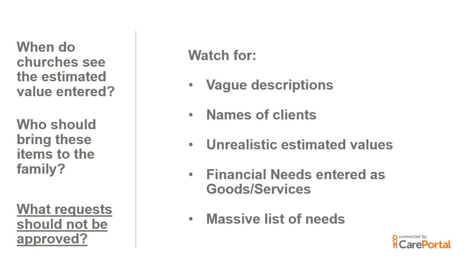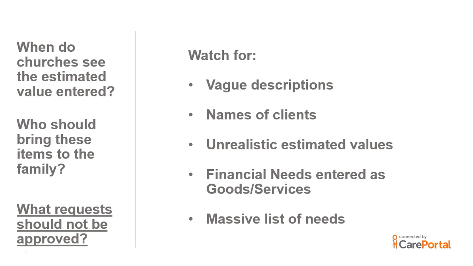Some other times we've seen financial needs, like a bill, entered as if it's a good or a service, which again, if you imagine what happens with that, it means there's no number being told to the church of what is actually needed. So we just want to make sure of the distinction between a financial need and a need for a good or service.